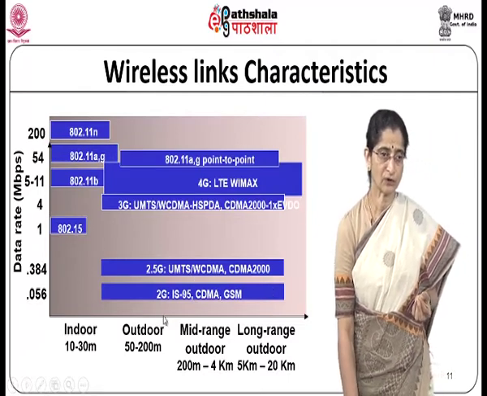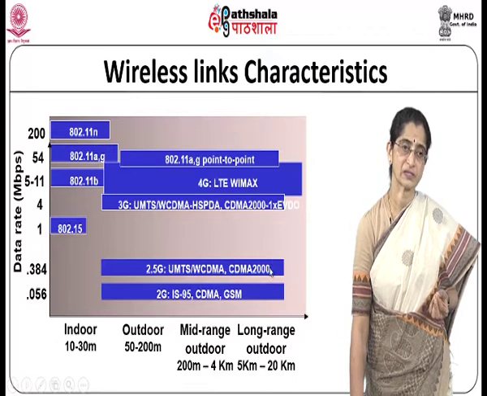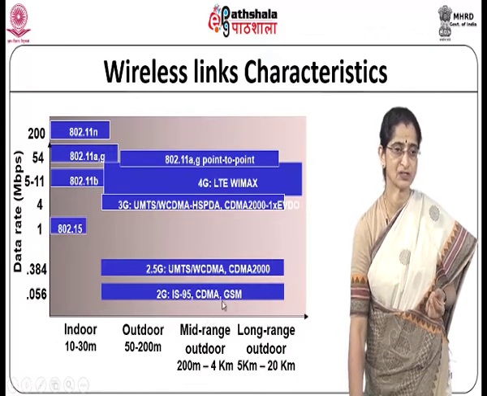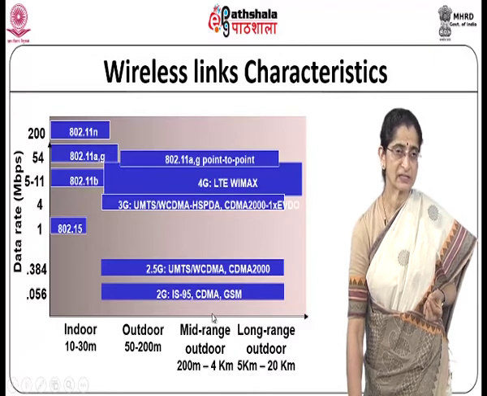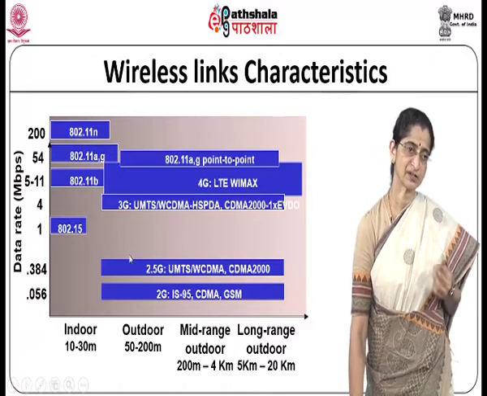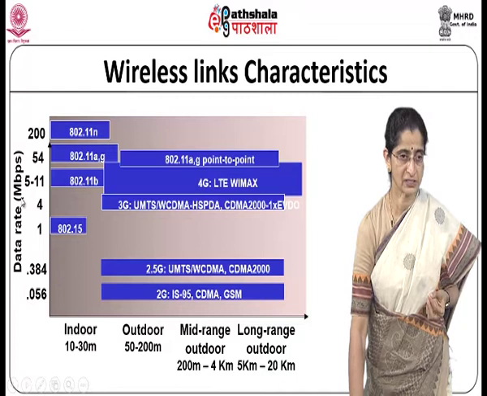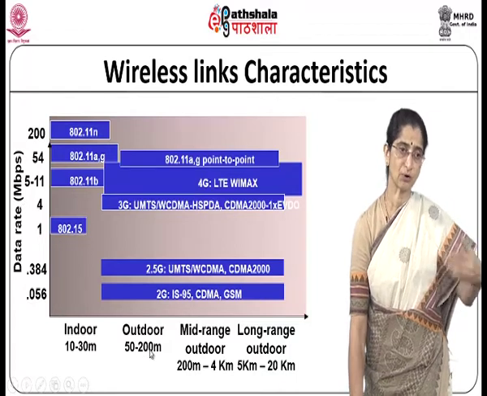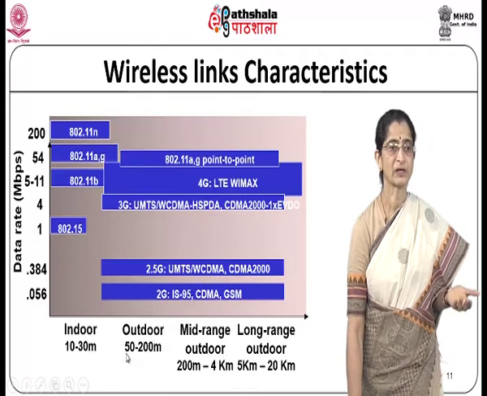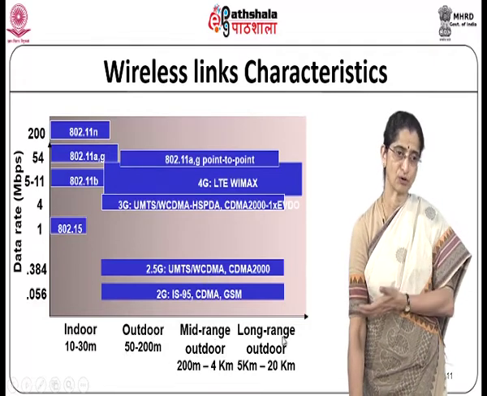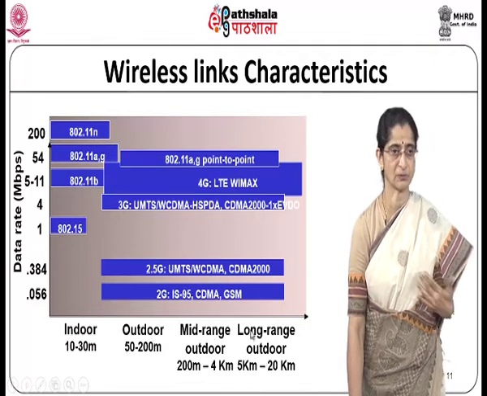Similarly, for cellular technologies, we have CDMA, GSM, 2G, 2.5G, 3G, 4G and so on. As we go from one generation to another, the data rate that is supported is increasing, and you are able to support much larger distances. You can go from outdoor 50 to 200 meters to mid-range to long range, up to 20 kilometers can be supported using these.